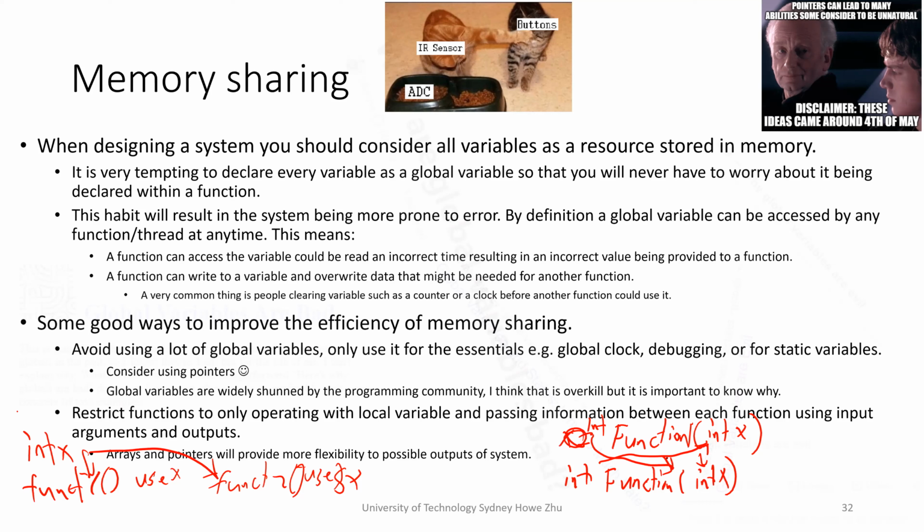So obviously with two functions it seems quite simple, but now imagine in your assignment 2, you have 6 functions using the same global variable. Then the state of that global variable becomes very unpredictable because you don't know. It really depends on what's happening in your system, and if you had an incorrect line of code changing the wrong variable, then your system could be in an unpredictable state.